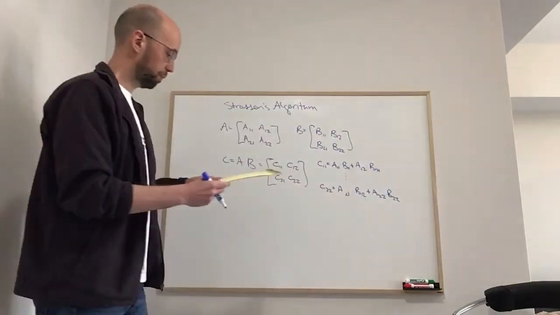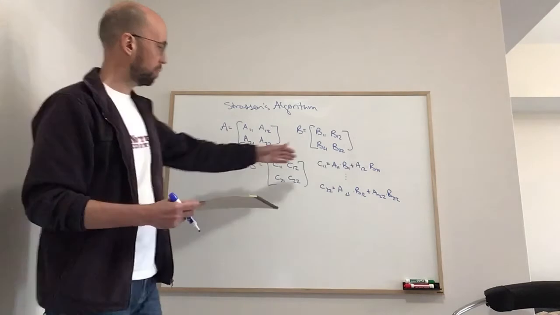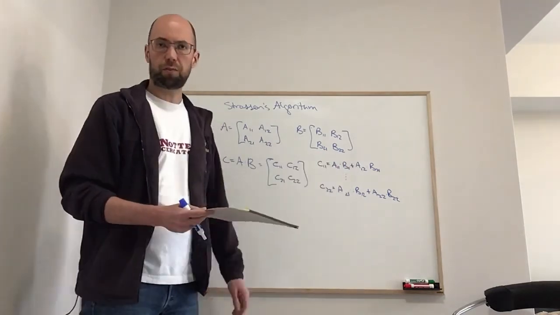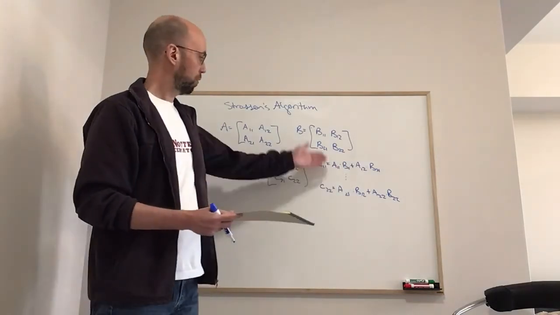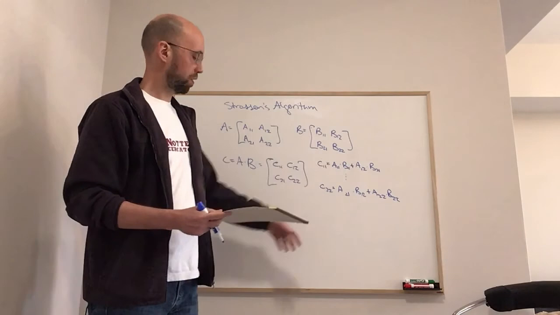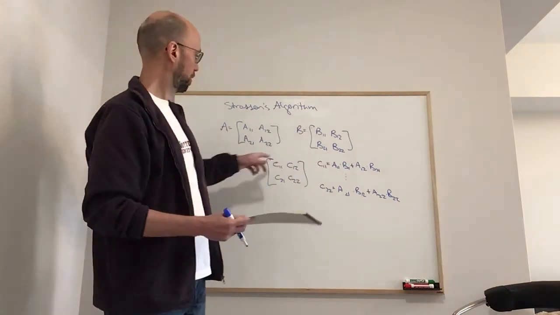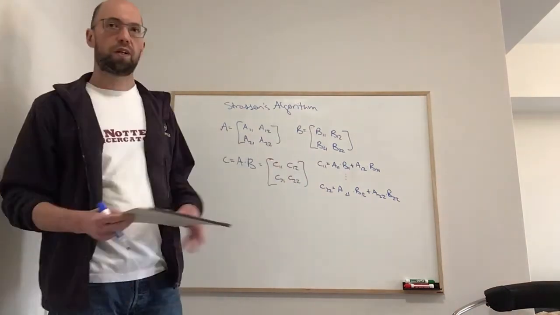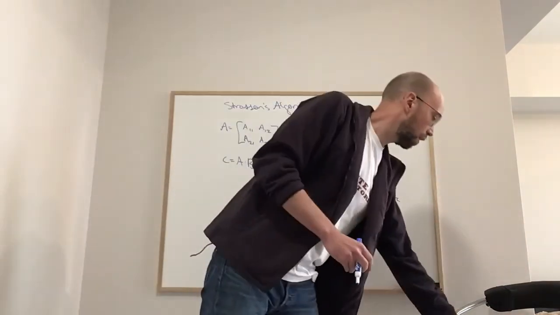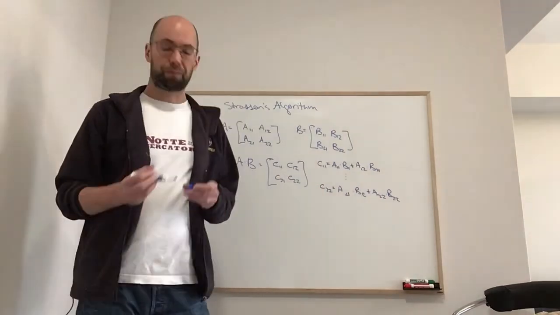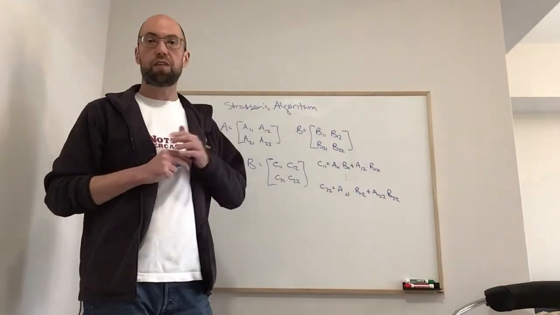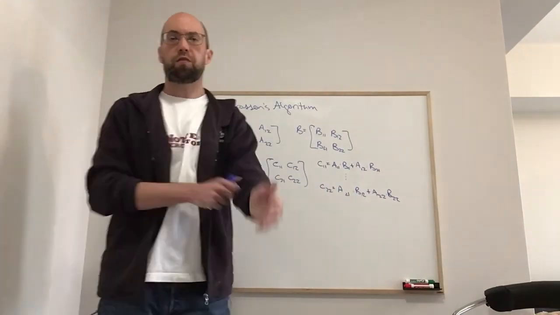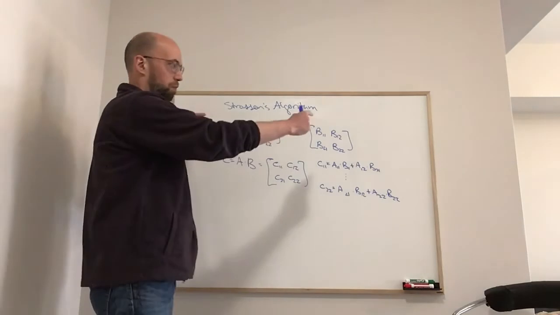I'm sure you can multiply matrices. So you can work this out, there are 4 of these. I should start out by saying, what is the complexity? You all know how to multiply matrices, right?